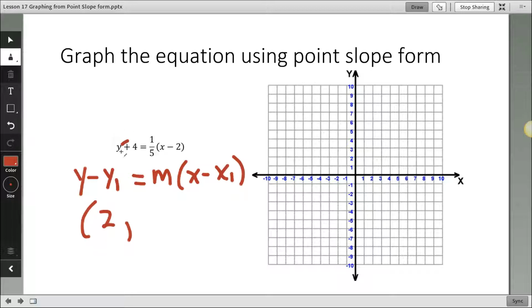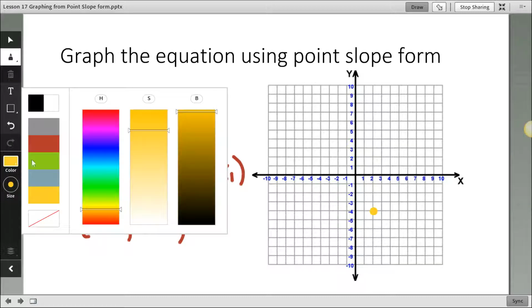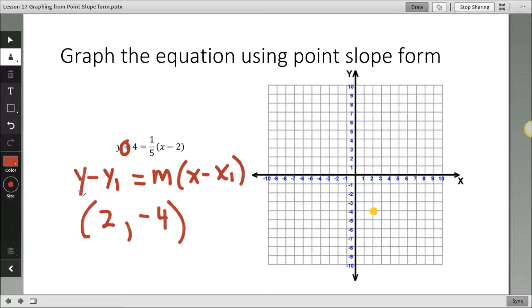The y coordinate, because of that plus sign, will be negative 4. So that's my initial point. So my initial point is 2, negative 4. Right there.